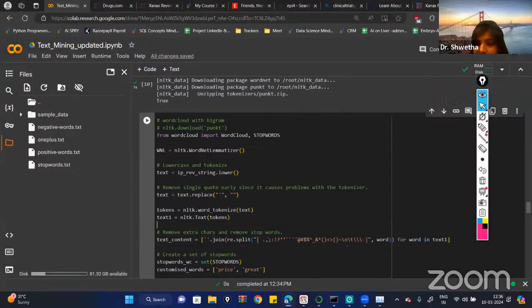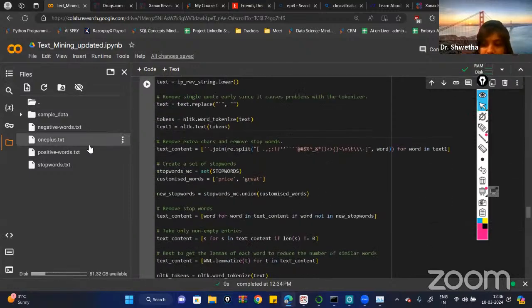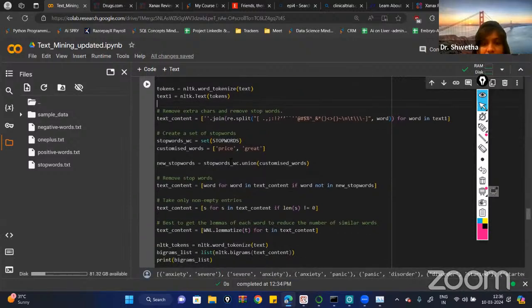After splitting, we are trying to remove the stop words. Okay, we convert the set of stop words into a set and store it in stopwords underscore WC. Then customized words, price and grade, are also joined, or you are adding these two words also into the stop words to be removed.